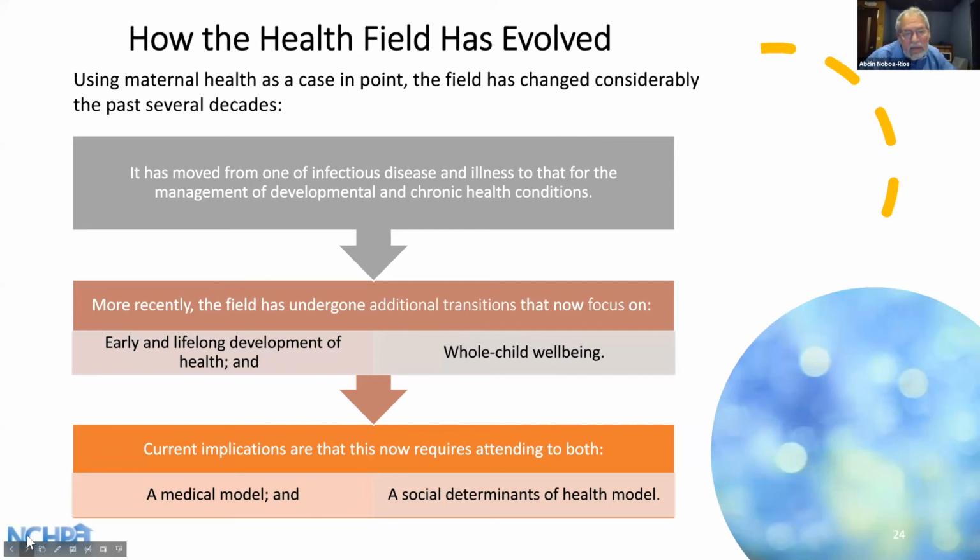And the current implications are that this now requires attending to both a medical model and a social determinants of health model. Altogether, these now represent new tools for screening and alternative methods for patient tracking and monitoring.